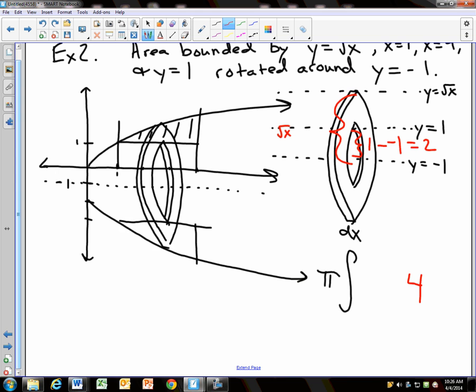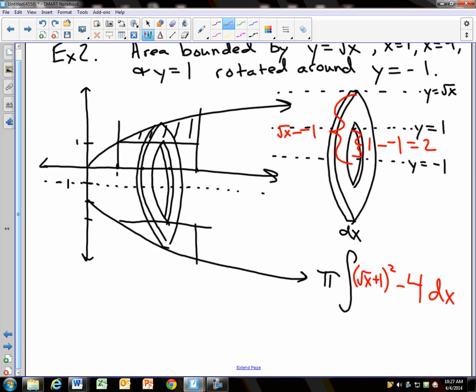So square root of x minus -1, and you have to square that. So square root of x plus 1, quantity squared. That's x plus 2 roots of x plus 1, and then you take the antiderivative, you subtract 4 off that. And go ahead.